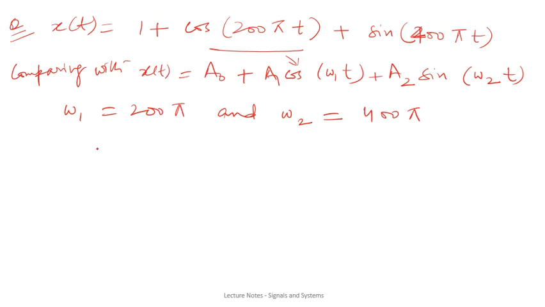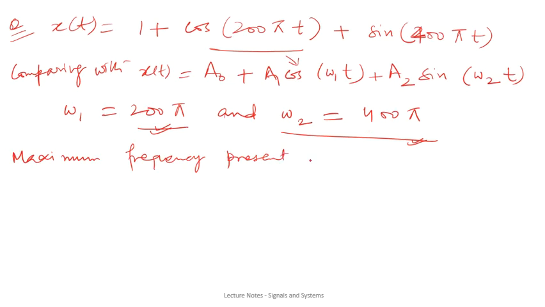400 pi. Now if you go back to the Nyquist rate definition, you must see the highest frequency component in the signal. This is one component, this is another component. From both of these, you must see the maximum frequency present in the signal x(t).